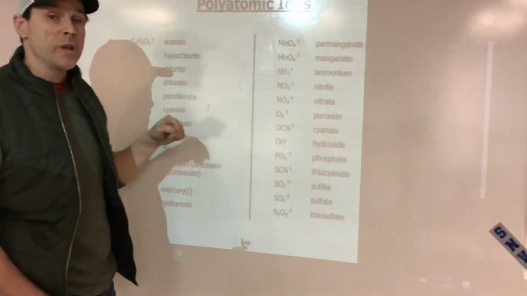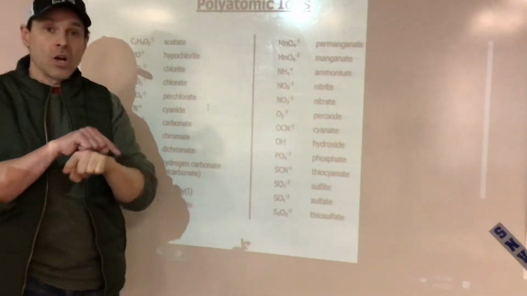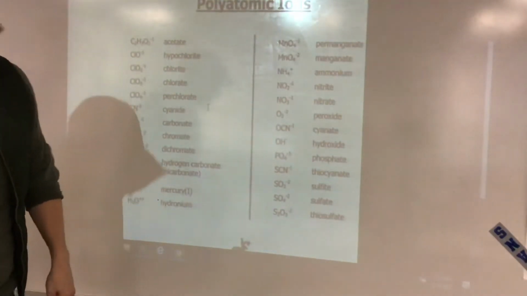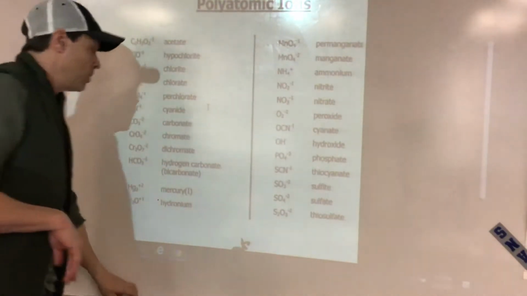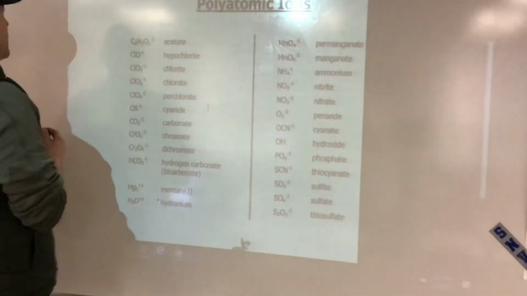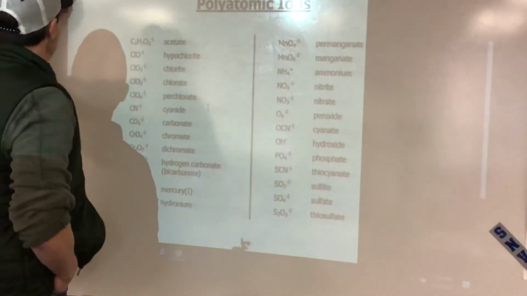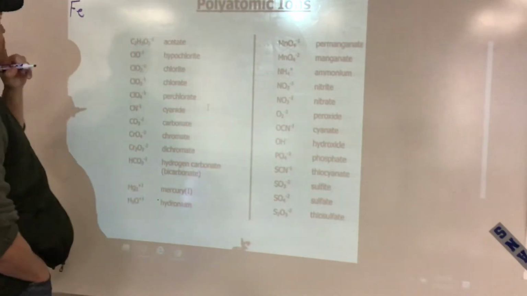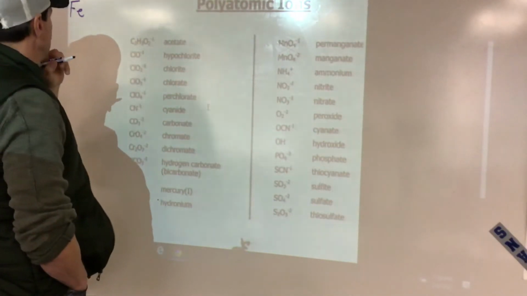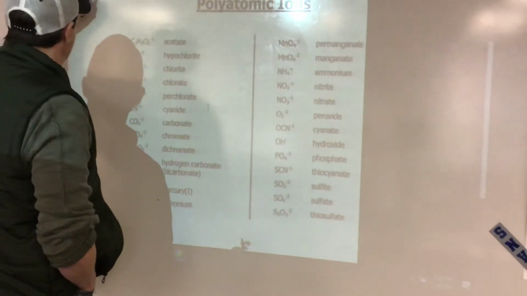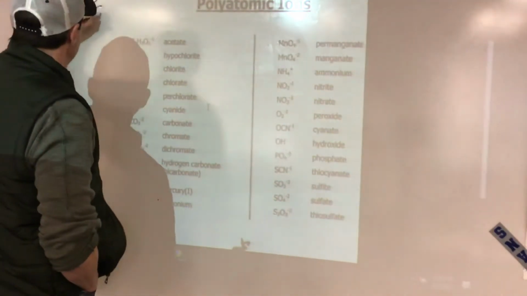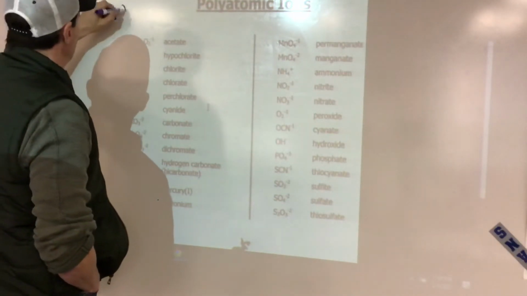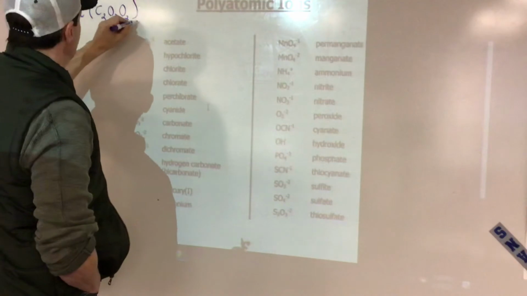But then once we do the criss-crossing, for example, let's say the compound we're naming is Fe(C2H3O2)3, with a 3 out here.